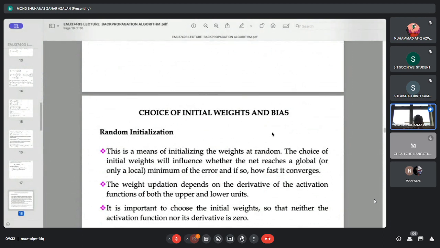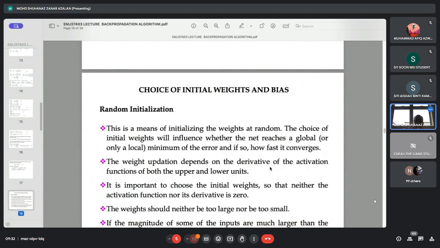For initializing the weightage, as I said before, normally we get the initial weightage value by random number.